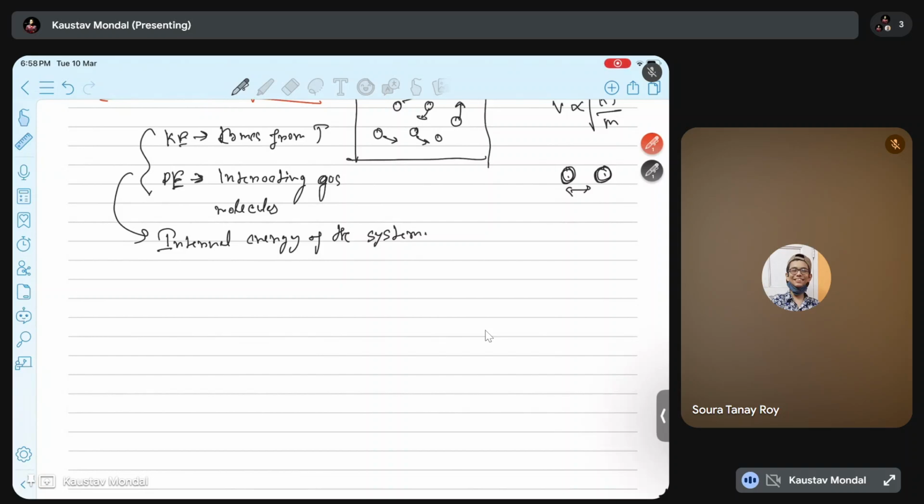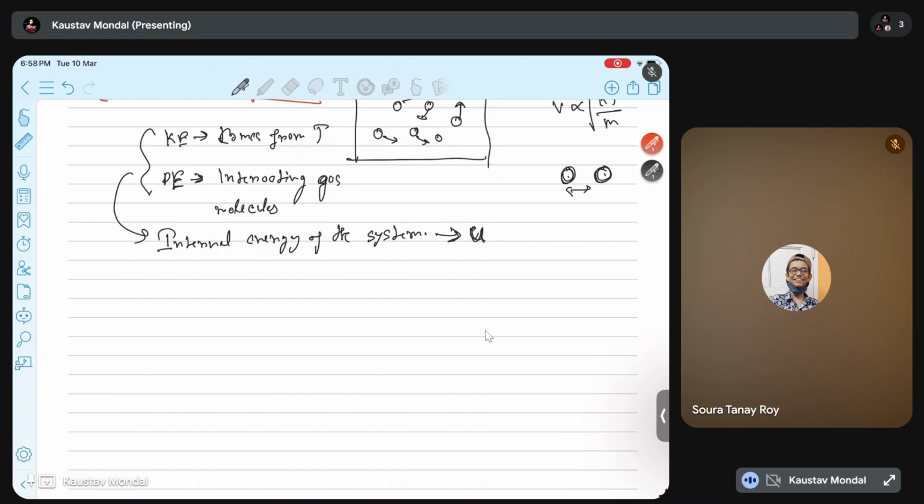Now, suppose U is the value of the internal energy. The change in internal energy is related to both the heat transferred into the system and the work done.